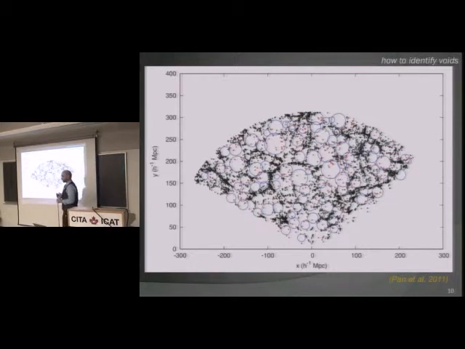This algorithm has a couple of weaknesses. One is it requires a lot of tunable parameters. If you go from a dark matter distribution to a galaxy distribution, then you need to change the parameters for growing the spheres and allowing spheres to merge, and the calculated mean distance between particles, in order to get a sensible void population.